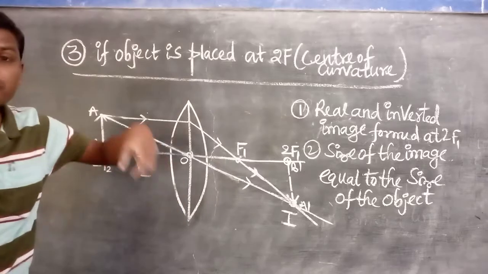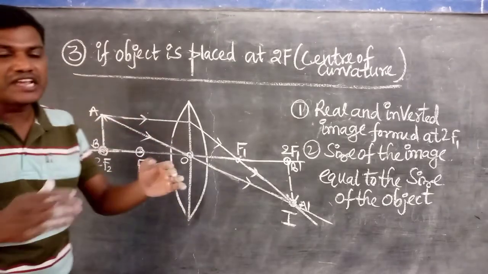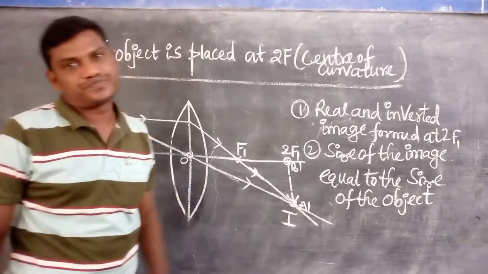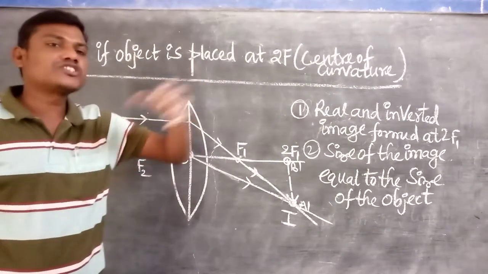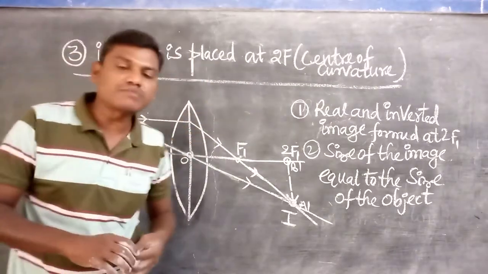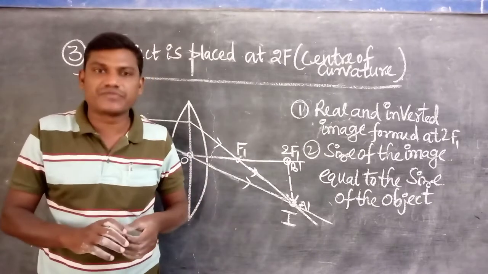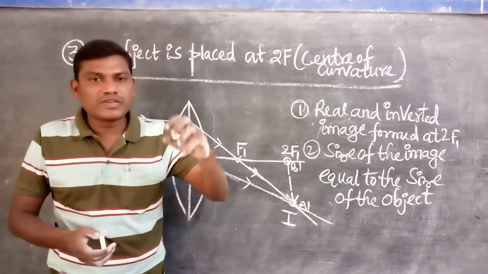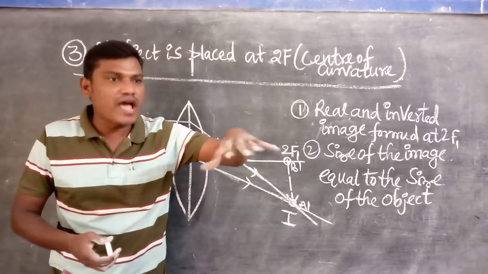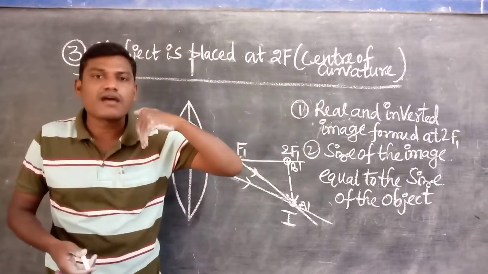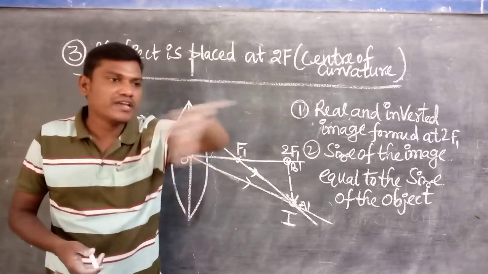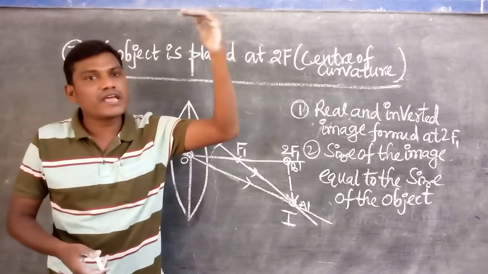But this type of manner, where are you observing it? In a terrestrial telescope. Sometimes an aerial view is observed. For example, if floods occur in a particular area, the chief minister or prime minister will observe it from a helicopter.